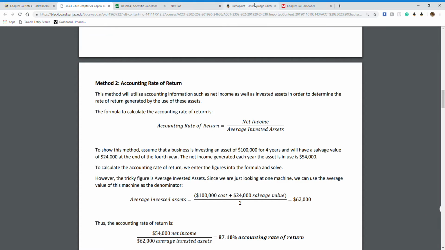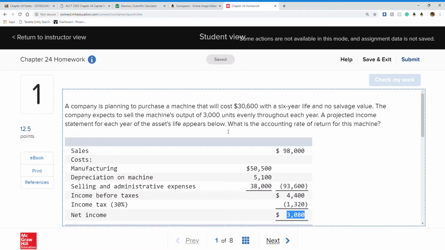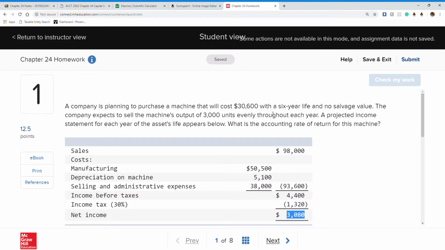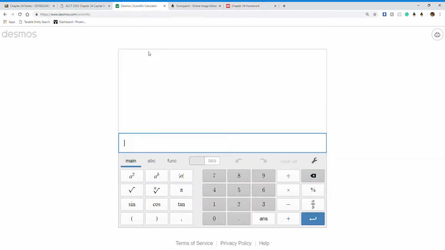So when we look at our homework, our cost is 30,600, no salvage. When you put it in the calculator, put in your cost, 30,600 for me, plus whatever your salvage value is, which happens to be just 0 for us.